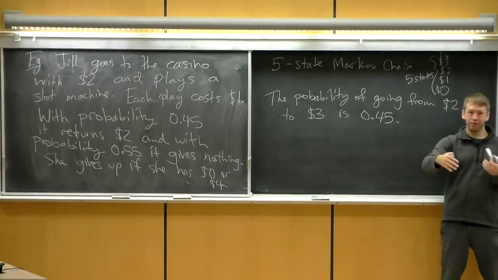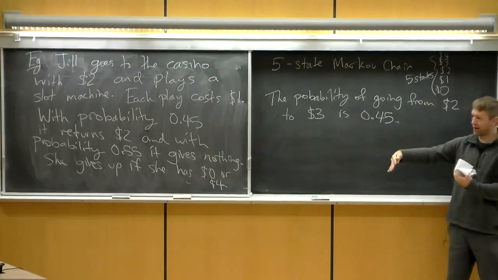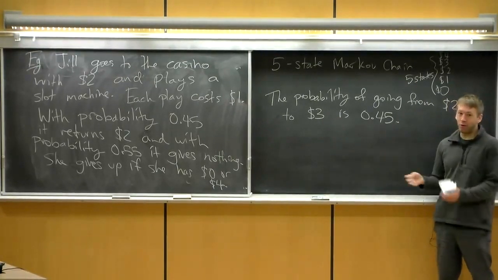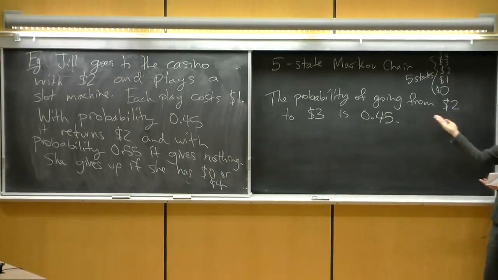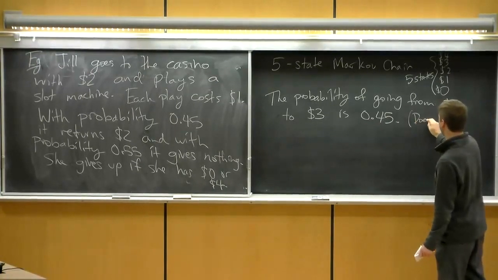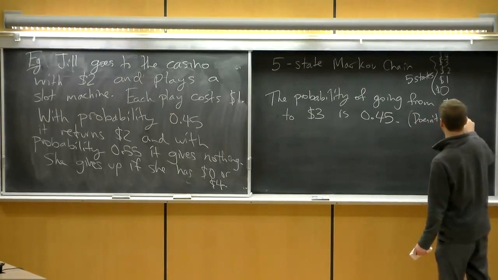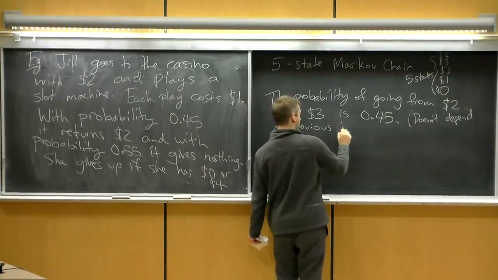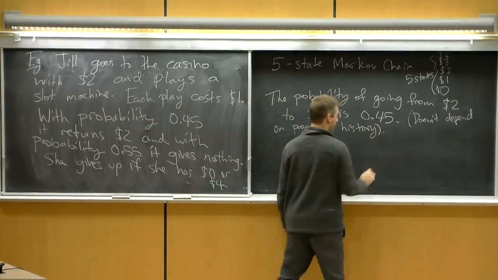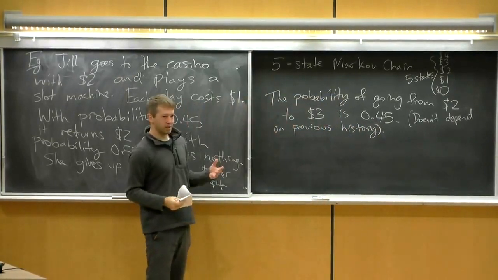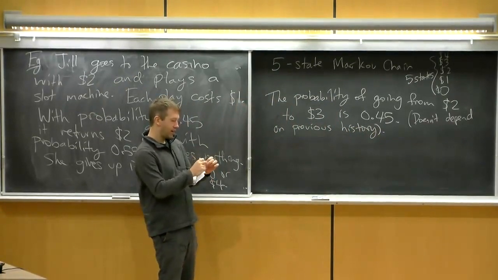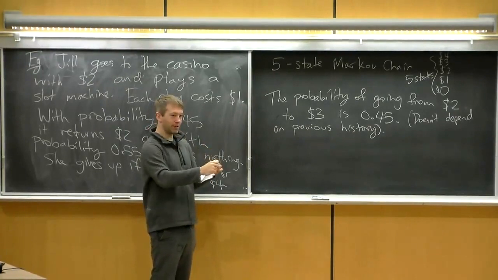She may have played 100 times up to this point, and now this is the 101st time. The probability is going to be 0.45, or at the very beginning, the first time she plays, it's still 0.45. It doesn't depend on the history of the game. So that's the key feature of a Markov chain, that the only thing that matters is what state you're in now, and what one you're going to. That's the only thing that determines the probability.